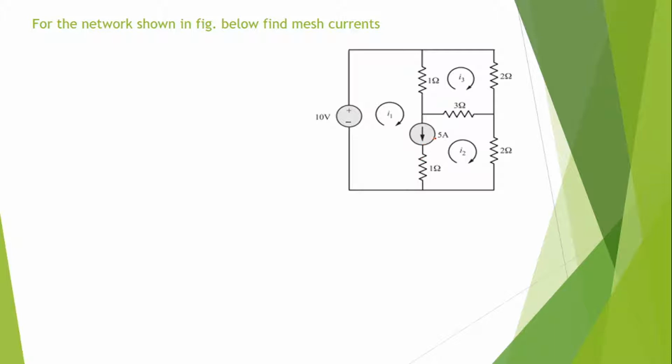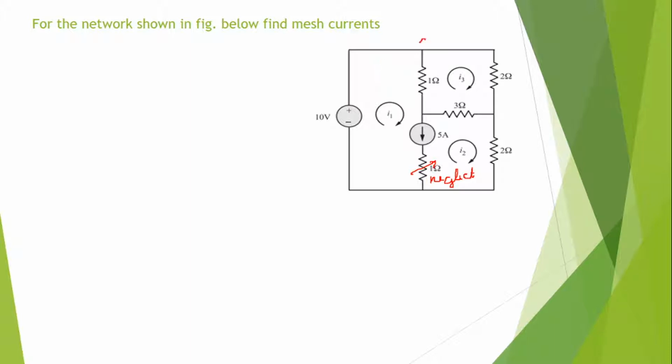Here this 1 ohm resistance is connected in series with the 5 amps ideal current source, so this 1 ohm resistance can be neglected. Now to trace the path, I will name the nodes.